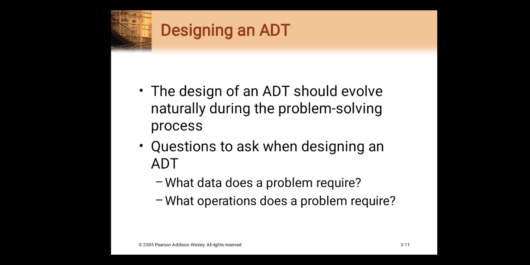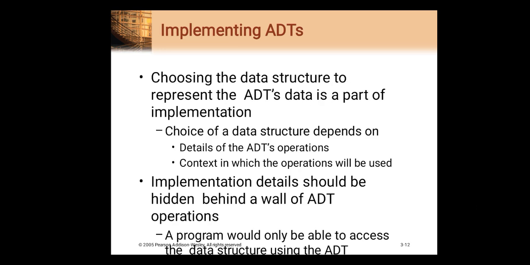Once you have collected that data for solving the problem, the next thing is to list out the different types of operations you can perform on that data. So while designing the ADT, you have to consider these two things: first, which type of data is required by your problem statement, and second, the list of operations you are performing on the data for solving that problem.